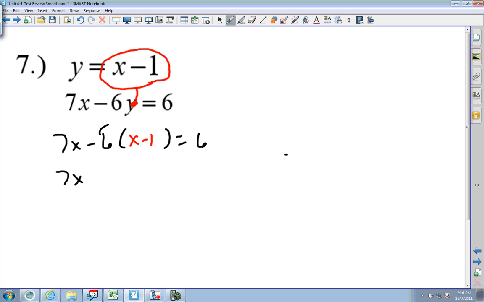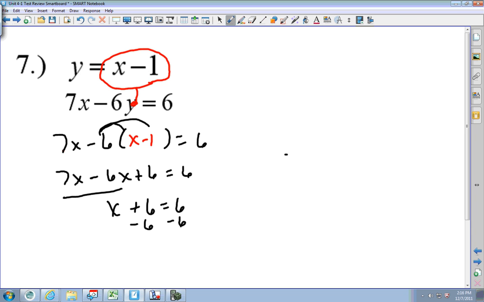You've got to do the distributive property. Negative 6x. Negative 6 times negative 1 is positive 6, and that equals 6. These two go together. 7 minus 6 is 1x, plus 6 equals 6. Subtract 6 from each side. X equals 0.